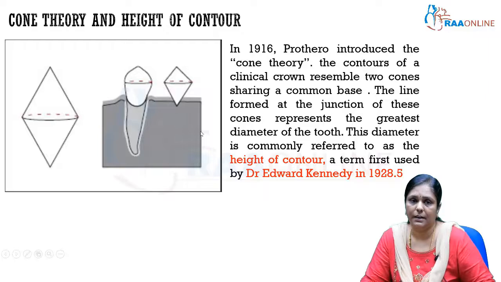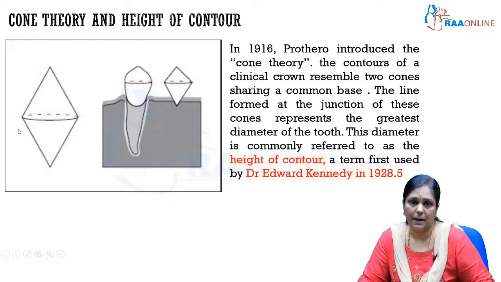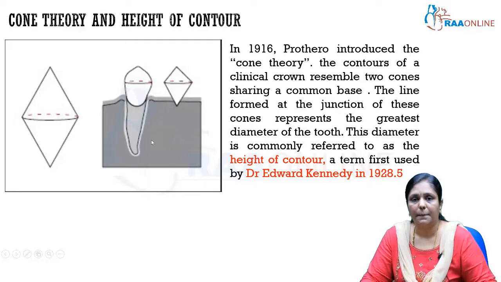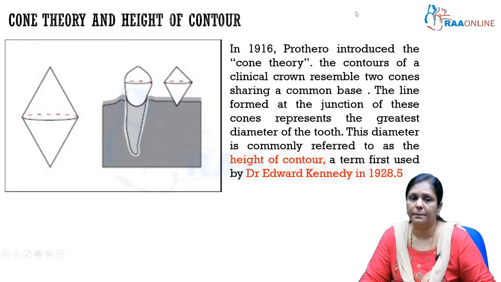For his theory, he considered the natural tooth to be in the form of two cones approximated by a common base. He considered a premolar or a molar to be in the form of two cones, as you can see in this picture, and the dotted line is the common base, and this term was broadly described later by Kennedy.